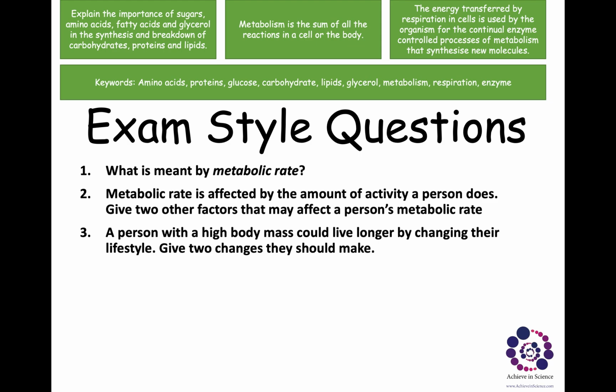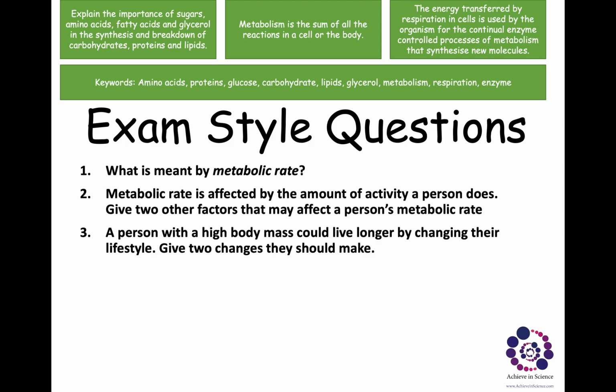I've covered one factor, see if you can find the others. A person with a higher body mass could live longer by changing their lifestyle. Give two changes they should make. If somebody has a higher body mass, they could have some health problems. What changes could they make which will help them live longer?